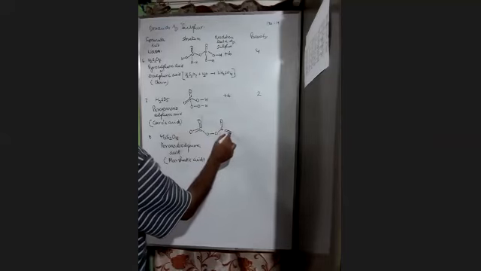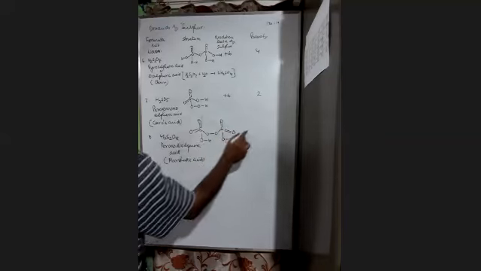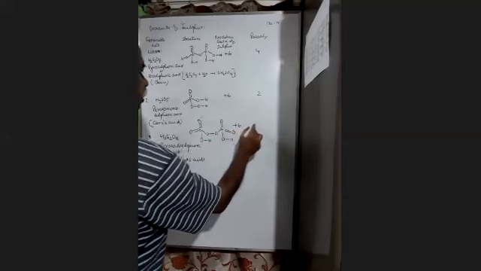Now this. See here. 1, 2, 3, 4, 5, 6, 7, 8. And 2 hydrogen. Oxidation state is +6. And this is.